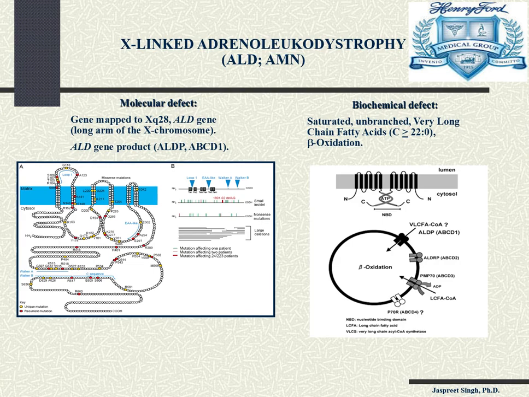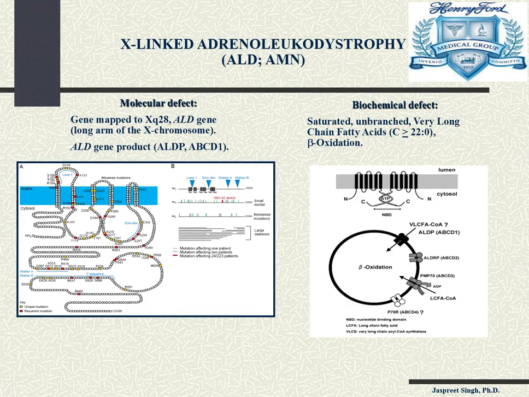It is present, as you see in the second figure, in the membrane of the peroxisome, and it is responsible for import of saturated very long chain fatty acids into the peroxisome for degradation. These are fatty acids with a carbon chain greater than 22.